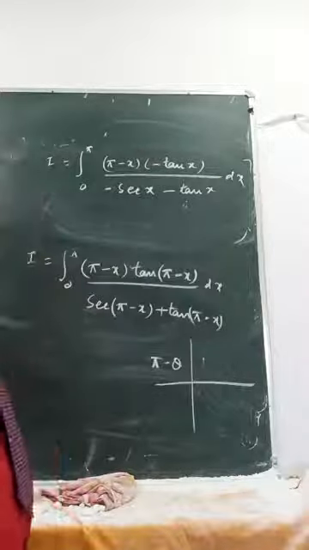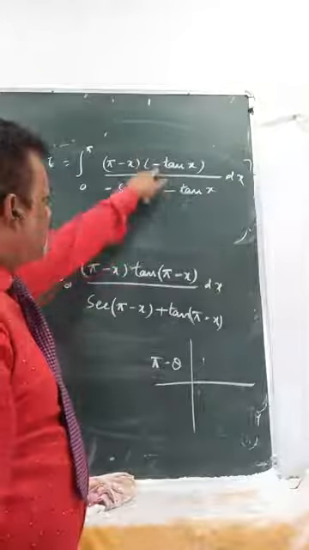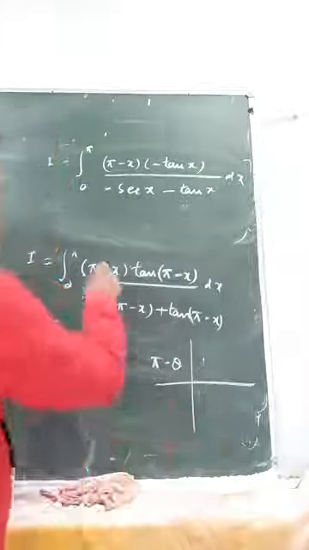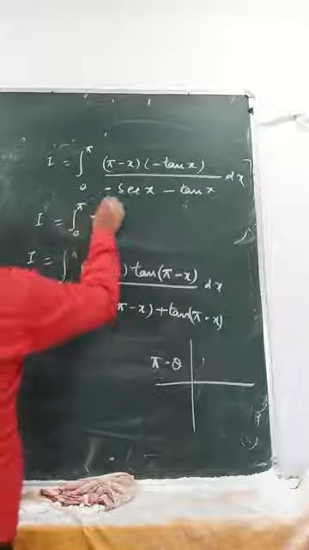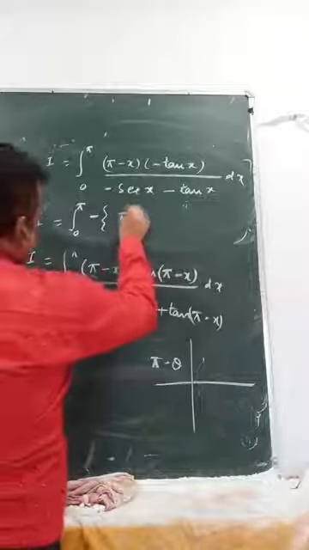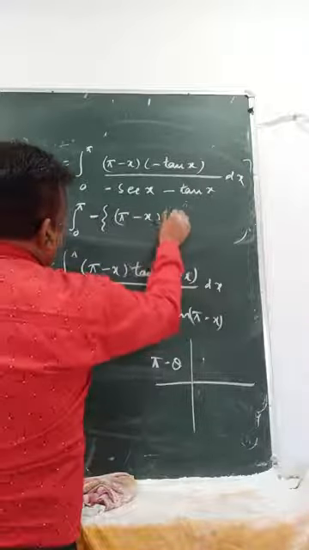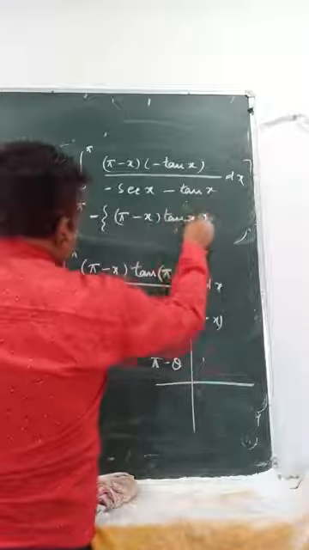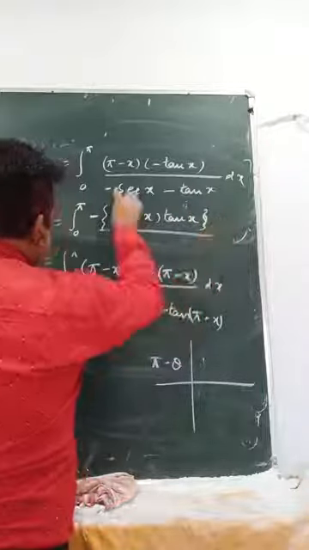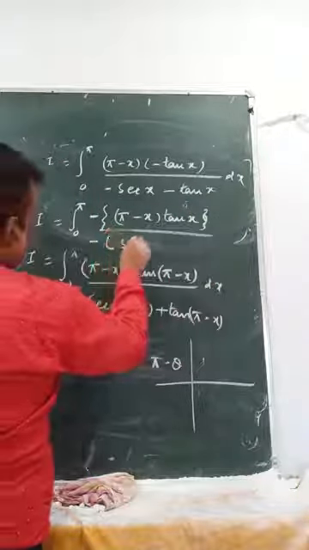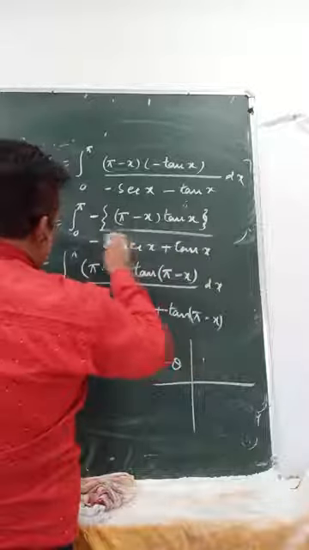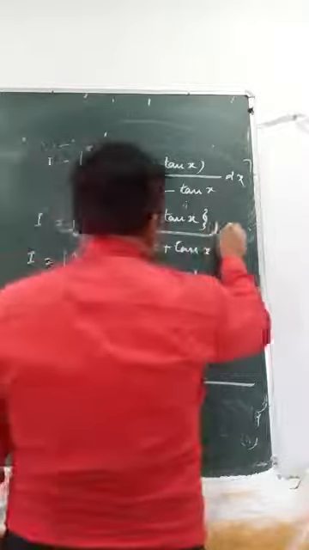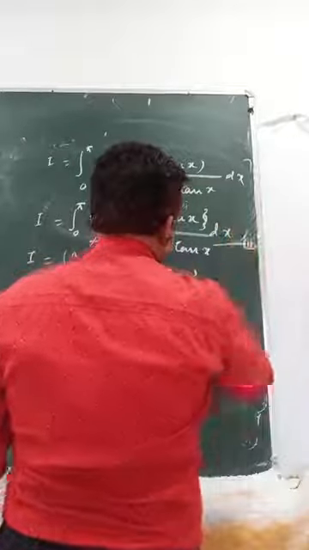Got it? Now look here. If I take minus common, this minus will be cancelled. So I equals integral 0 to pi, pi minus x tan x, and in the denominator taking minus common, sec x plus tan x. The minus is cancelled. This is your equation number 2.